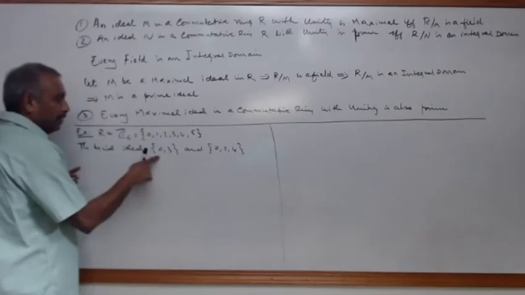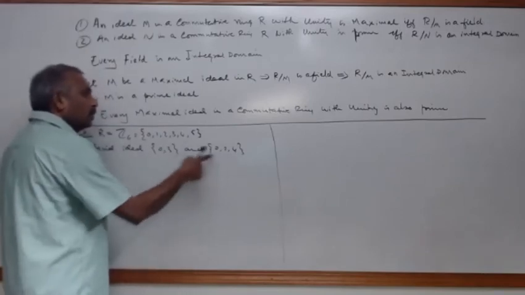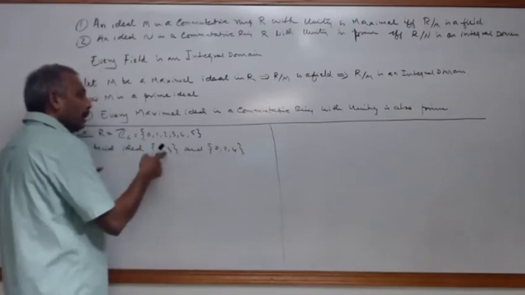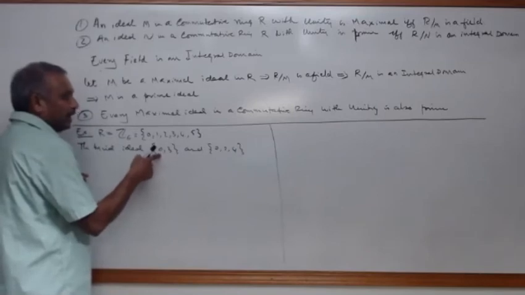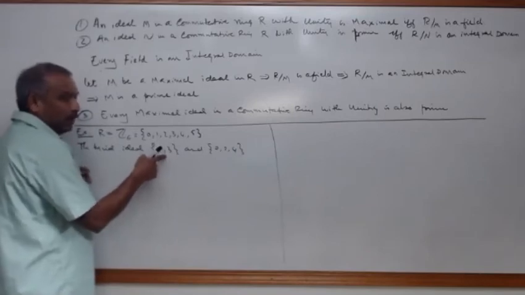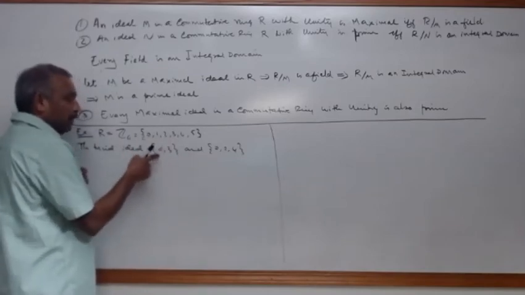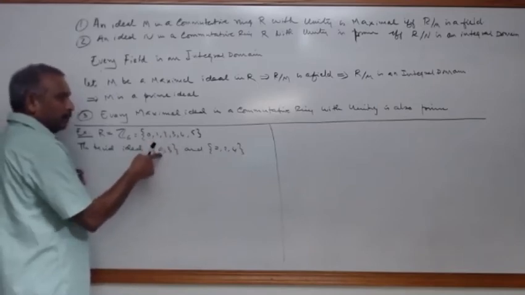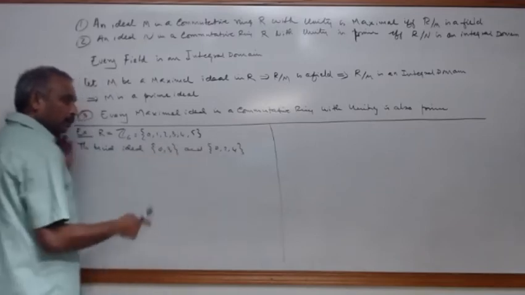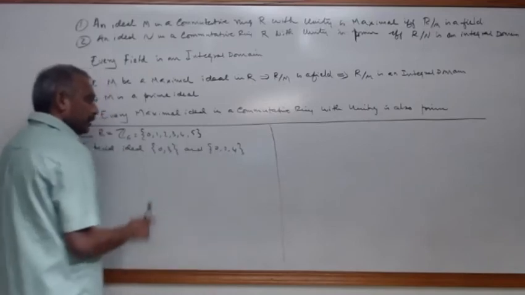You can easily verify these are subgroups, subrings, and also ideals. To verify it's an ideal, we multiply every element of Z6 with every element of this subring and see that the product is a member of it. Similarly here. I'm going to leave it to you to verify these two are ideals.